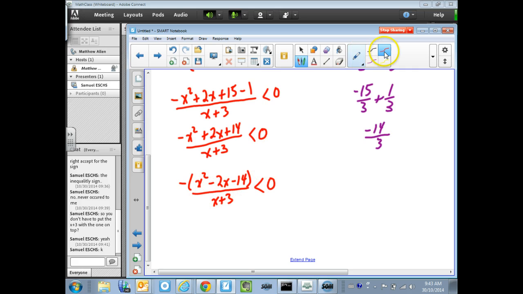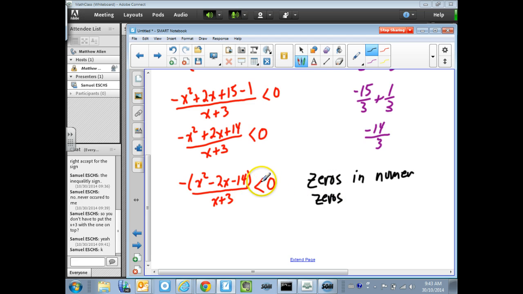So what I'm interested in, again, are zeros in the numerator and zeros in the denominator. The zeros in the numerator will give me those key points.